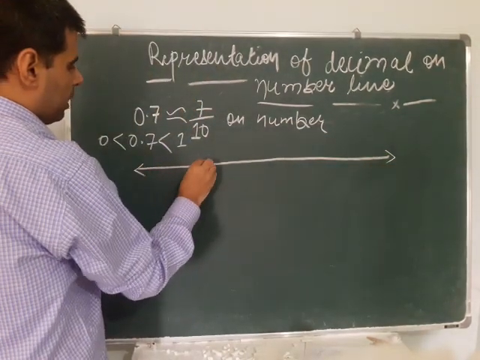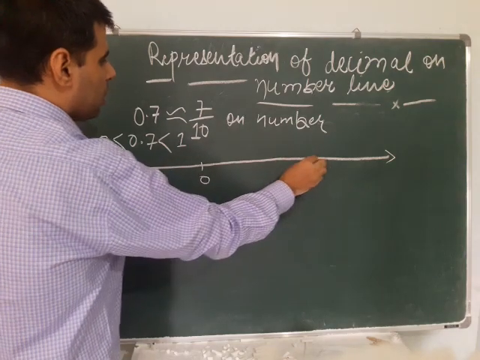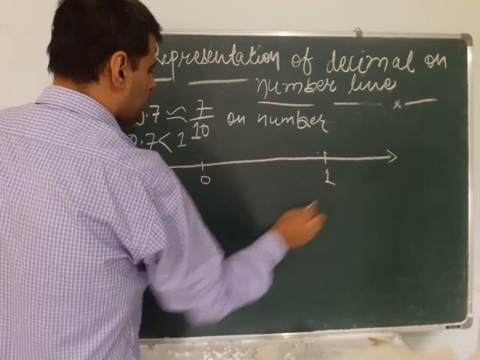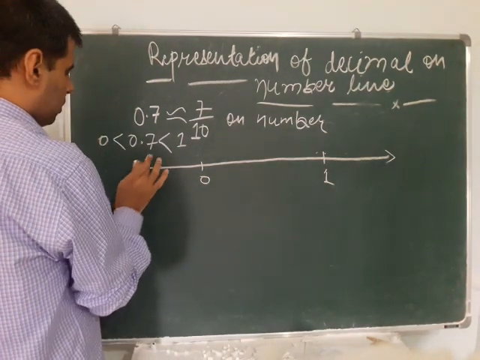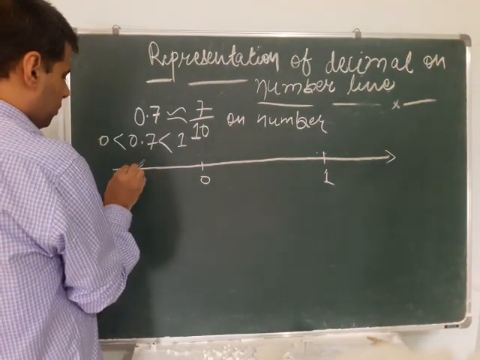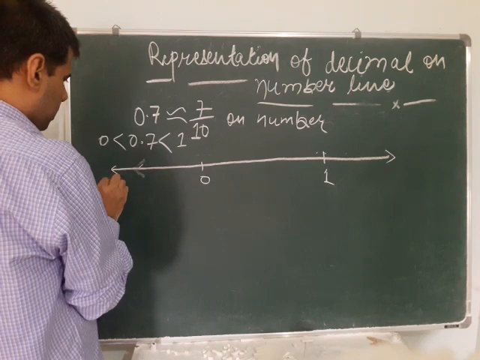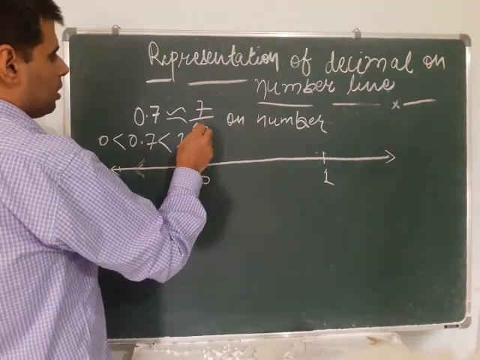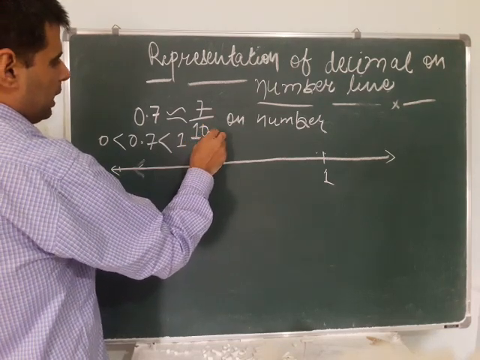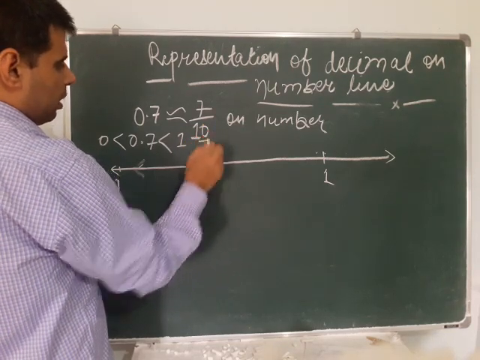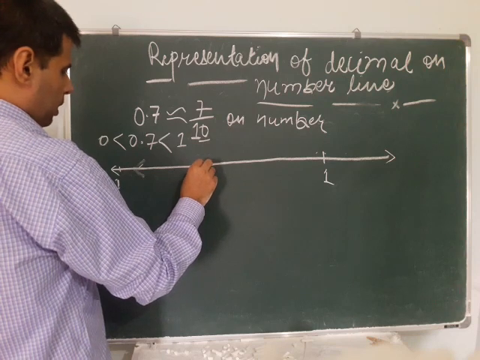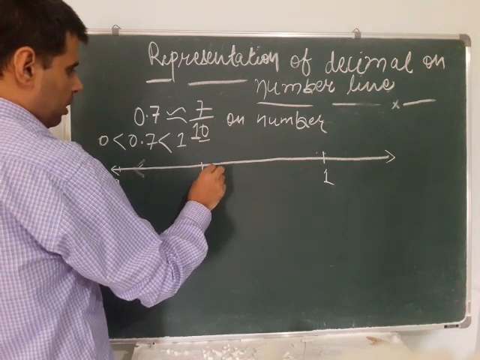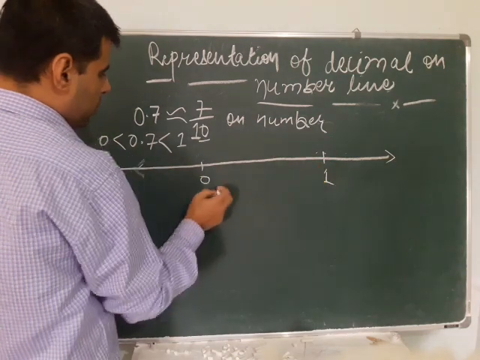For a moment, consider this is 0, this is 1, and this is -1. Now, since in the denominator there is 10, we have to divide the region between 0 and 1 into 10 divisions.